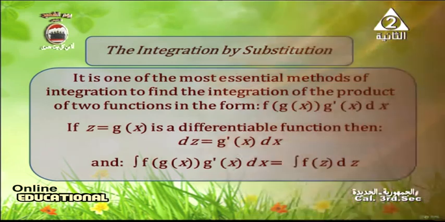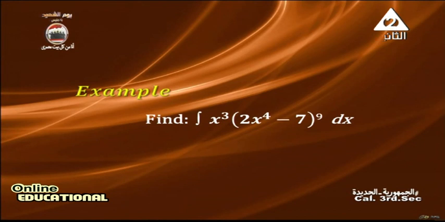Example: find integration of x to the power 3 multiply between two brackets 2x to the power 4 minus 7 all to the power 9.